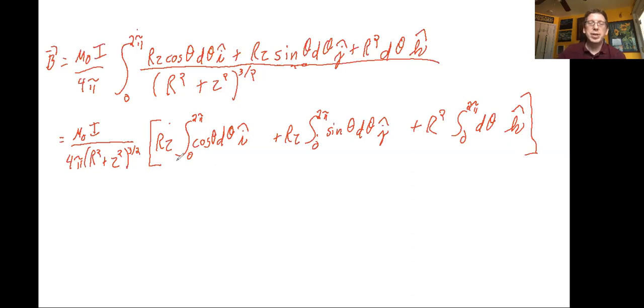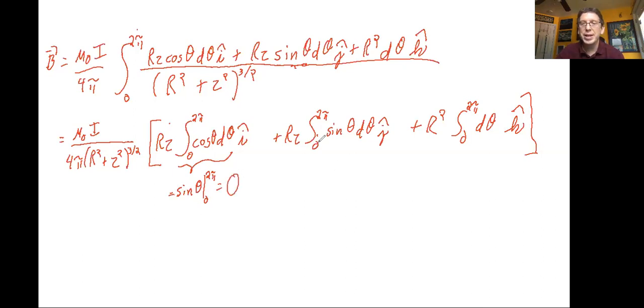So let's look at this integral first. The integral of cosine theta is the sine theta evaluated from 0 to 2 pi. Well, the sine is going to be the same at 2 pi as it is at 0. So that becomes 0, just doing the math.